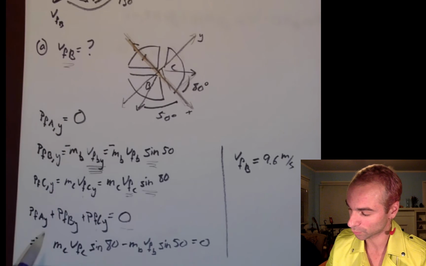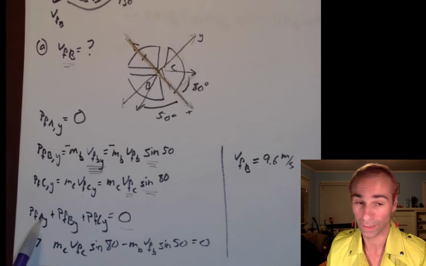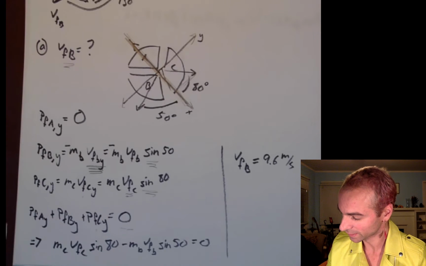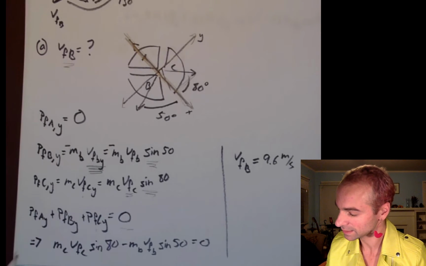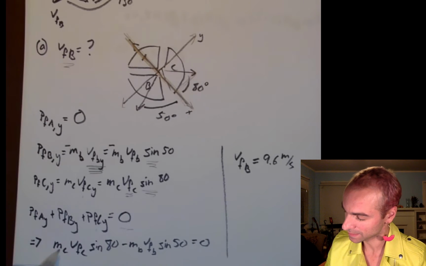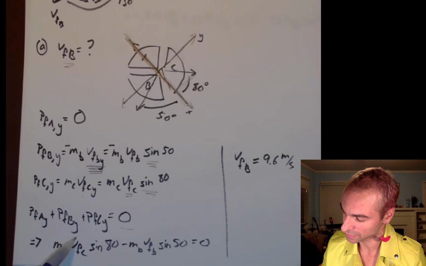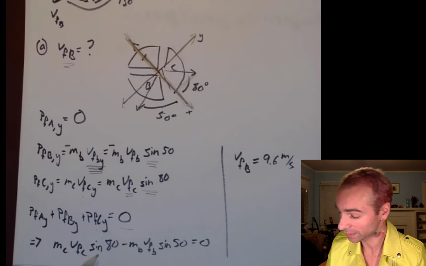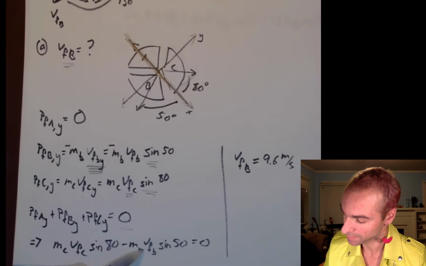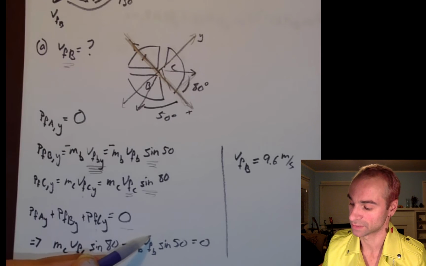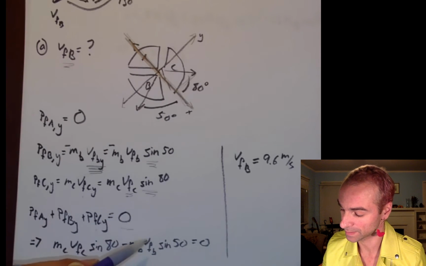We can throw them into an equation. We can put them in here. We can do some rearrangement, and we get: the mass of the C piece times the final velocity of the C piece times sine 180, minus the mass B times the final velocity of the B piece times sine 50.